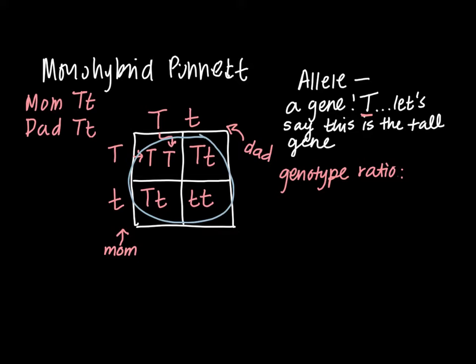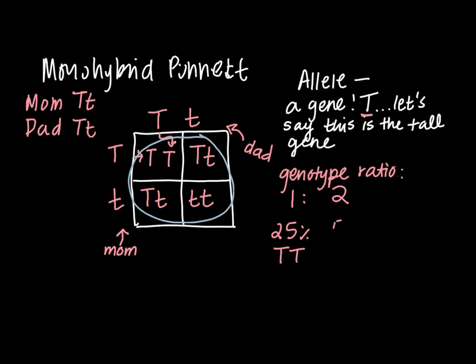The genotype ratio is a ratio or a fraction, and it's out of 4. So 1/4 of the children might be big T. You could also say that 25% of the children will be big T. And then 2 out of 4 will be big T, little t, heterozygous.